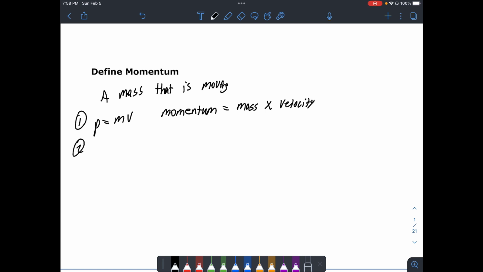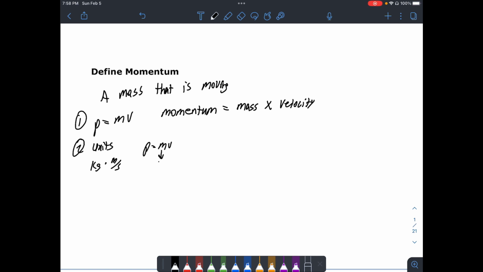And then we also want to talk about units. So our units for momentum are going to be kilograms times meters per second. And how did we get here? So our equation is momentum equals its mass times velocity.